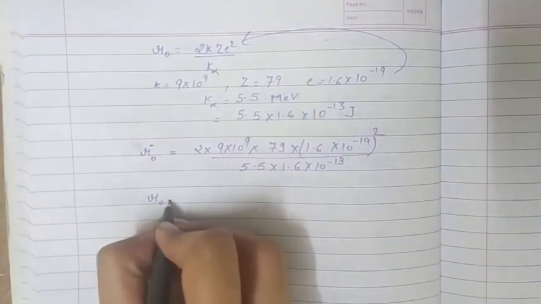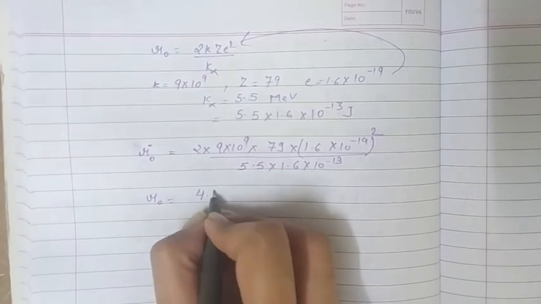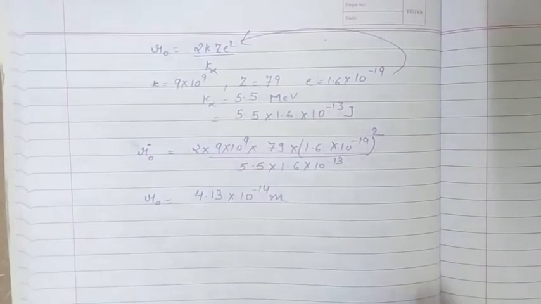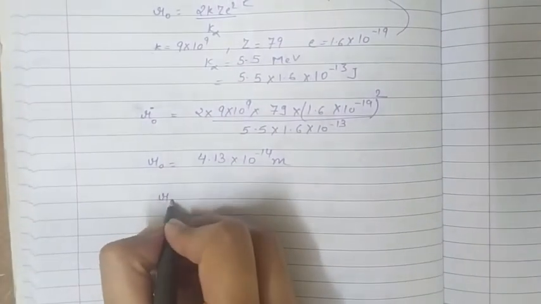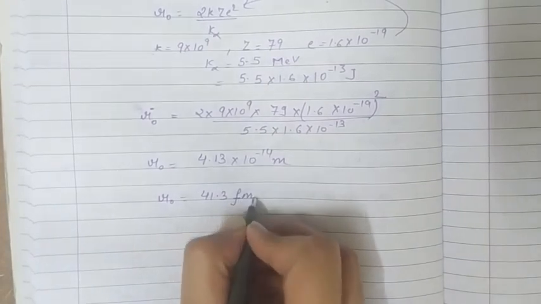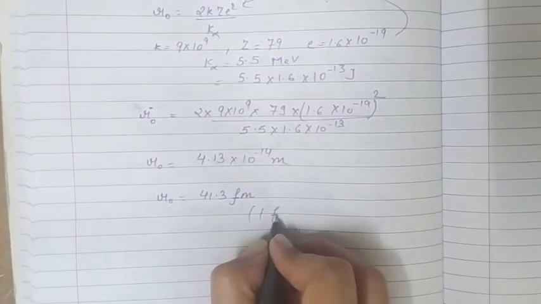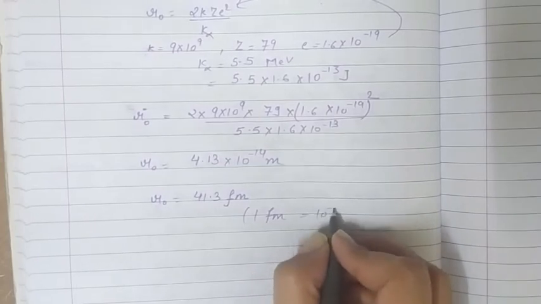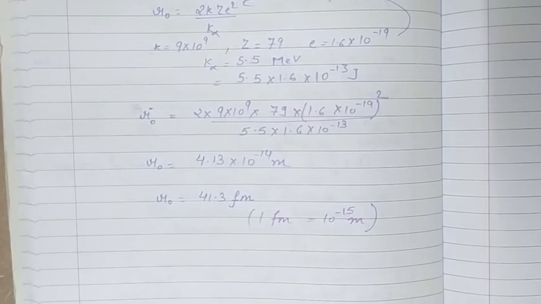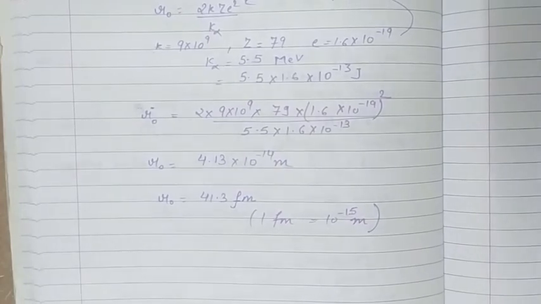So R naught is equal to 4.13 into 10 to the power minus 14 meter, or we can also write it as R naught is equal to 41.3 Fermi. 1 Fermi is equal to 10 to the power minus 15 meter.